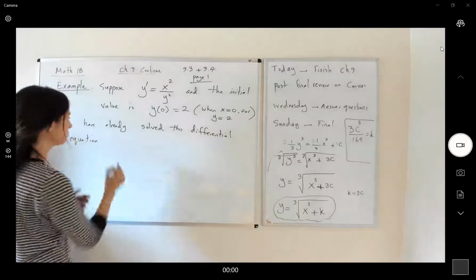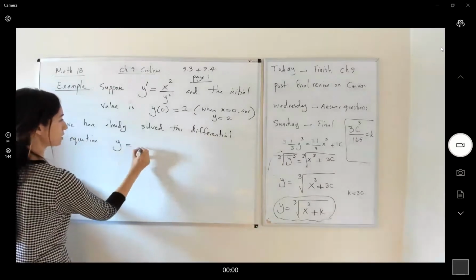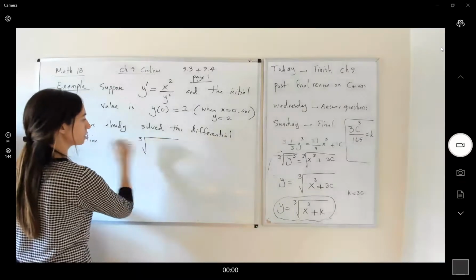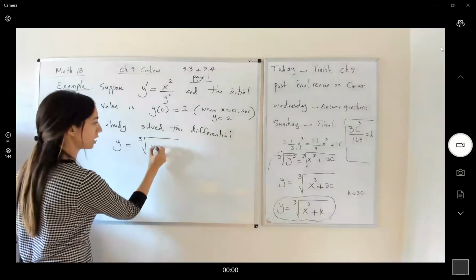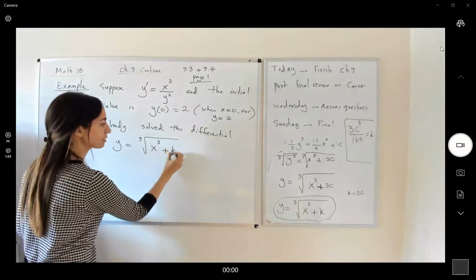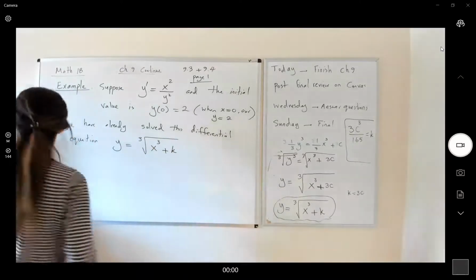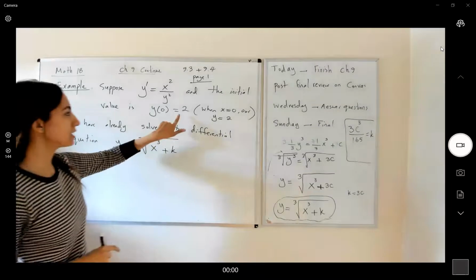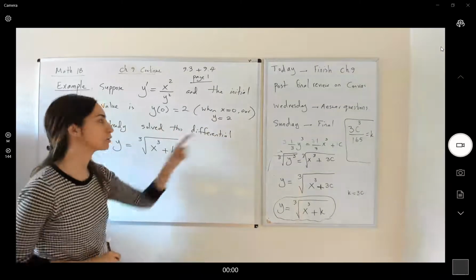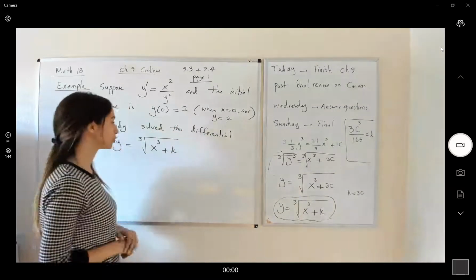What do we know? We know that y is equal to the third root of x cubed plus a constant like k. Okay. So it says when x is equal to 0, y is equal to 2.